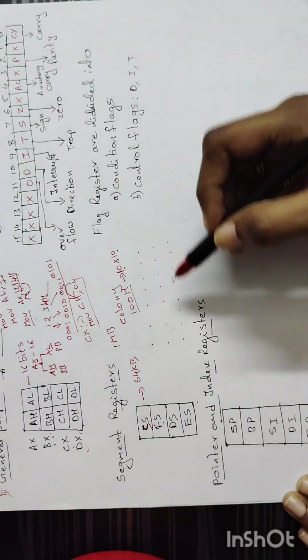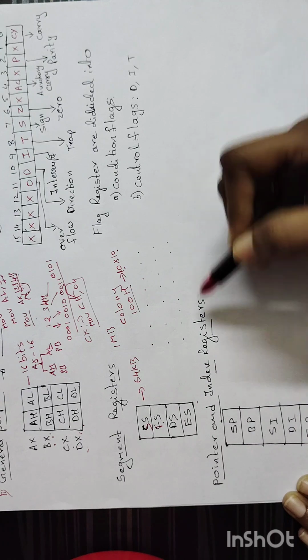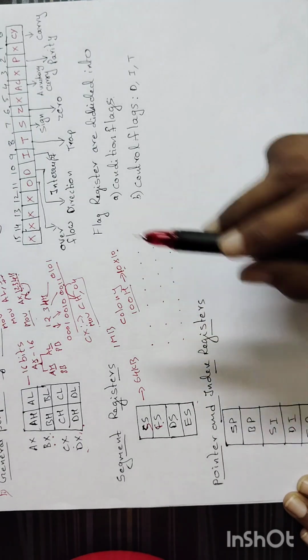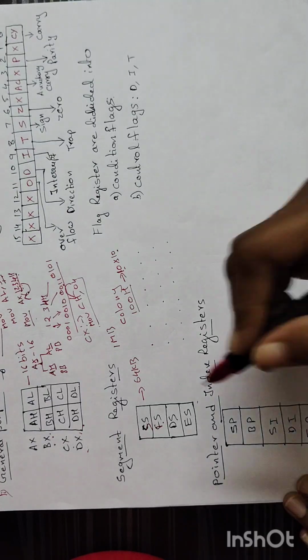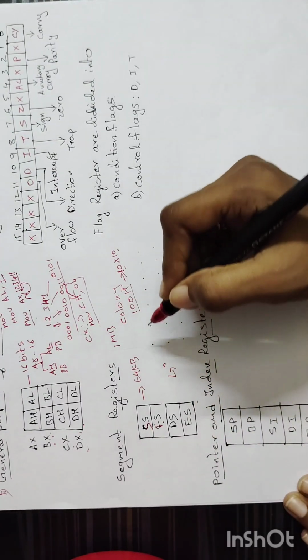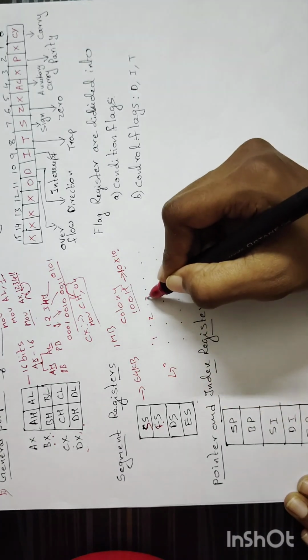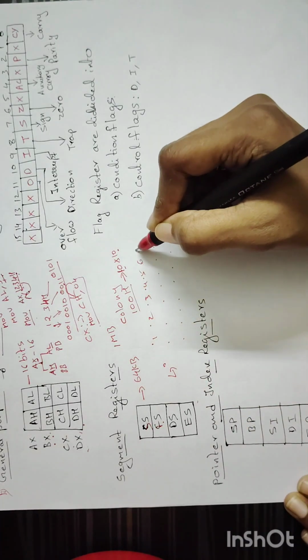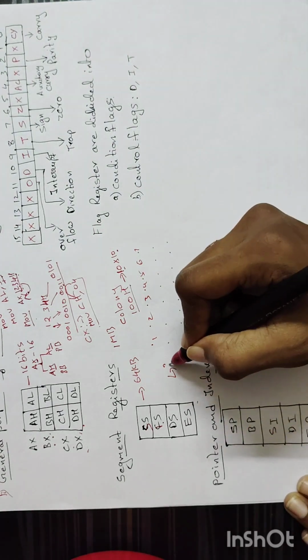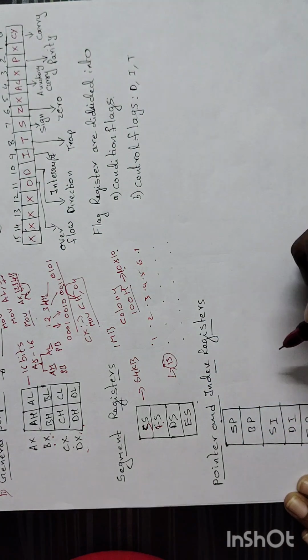If there are, for example, 20 houses, all the houses have numbering 1, 2, 3, 4, 5, 6, 7. I have to go to the 13th house.